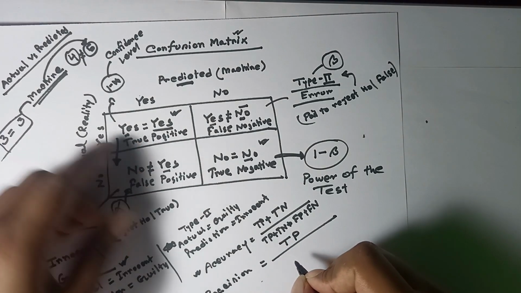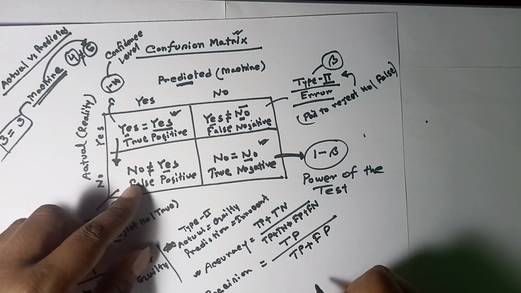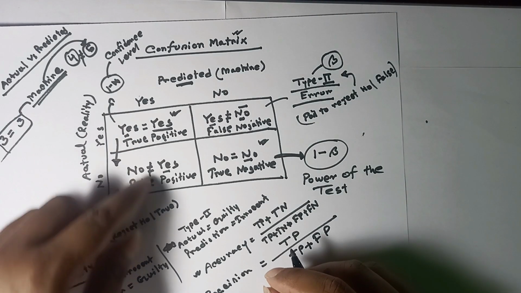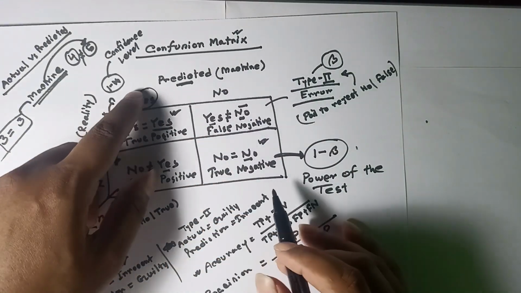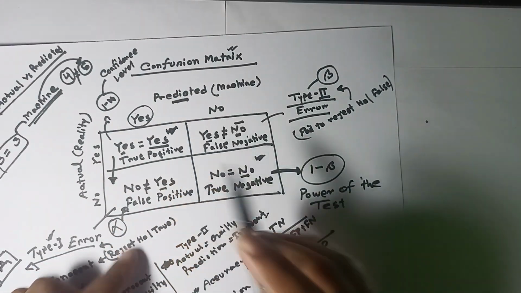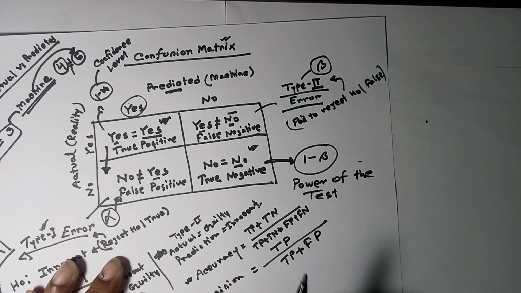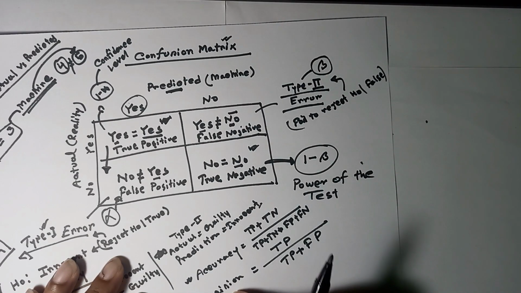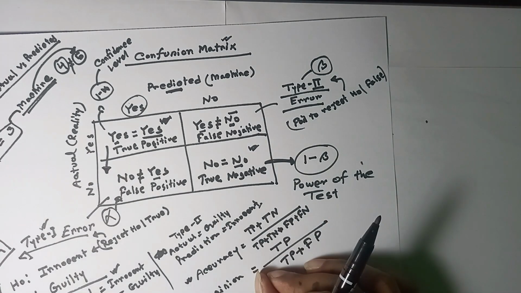True positive is our correct, and the whole is true positive plus false positive. Among all predicted positives, this much is our correctly positive. So this is precision. Okay, we finished precision, and then we will go for recall, one of the major things.